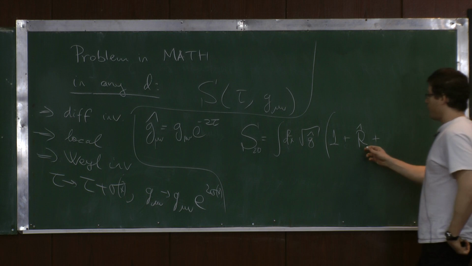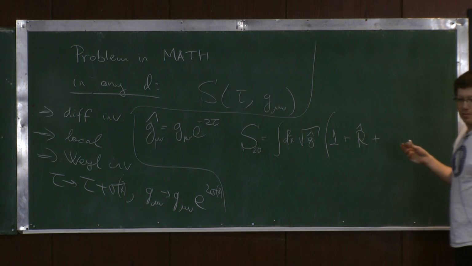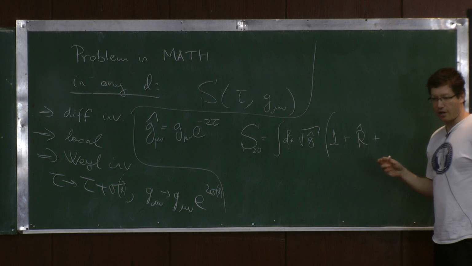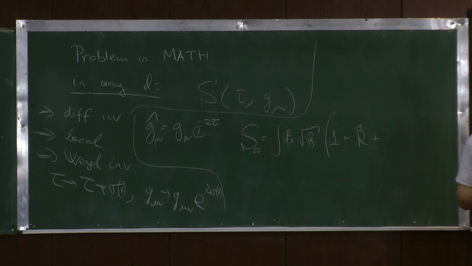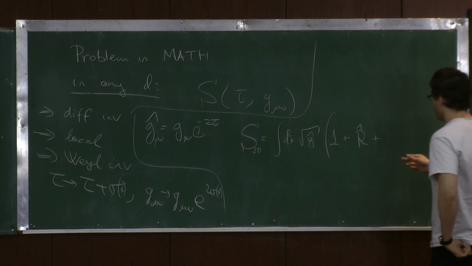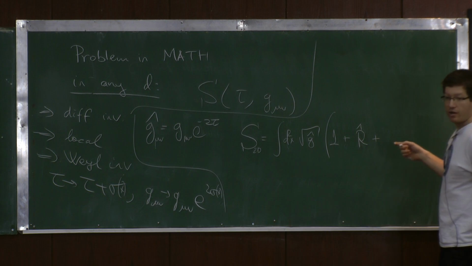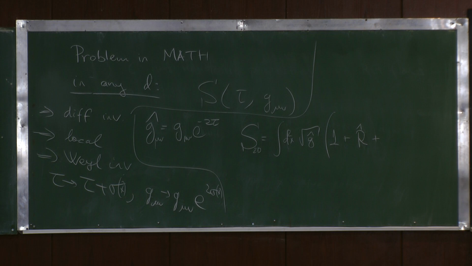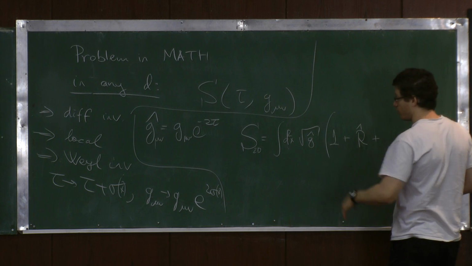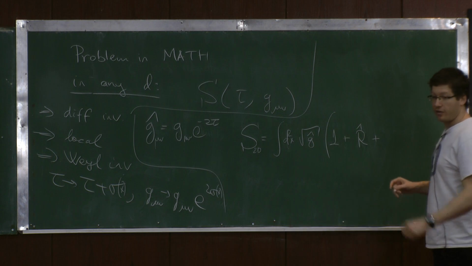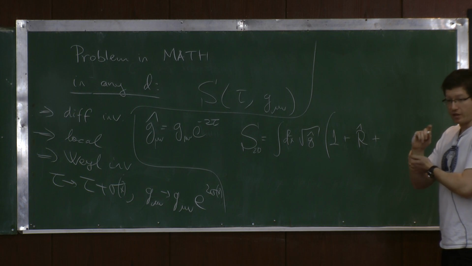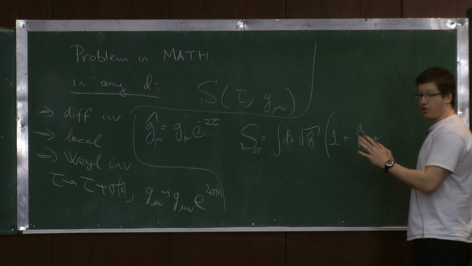And writing this is not a good idea, because you know that in 2 dimensions, the integral over the Ricci scalar is a topological invariant. It's called the Gauss-Bonnet term. So that actually does not give any effective action. It's a topological object, so it doesn't really depend on anything. It's not a genuine 2 derivative term in the effective action. So we don't have an action at 2 derivatives.